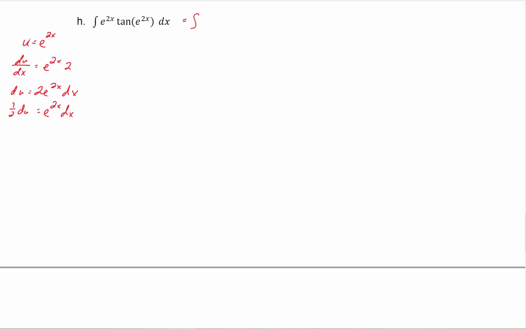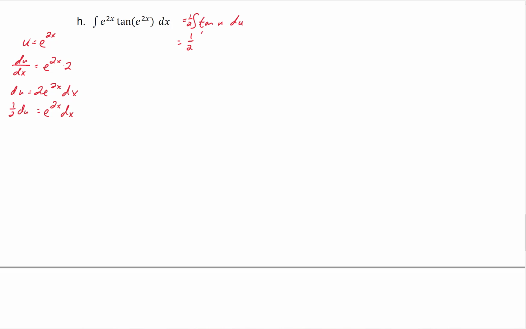So this becomes the integral of 1/2, and that 1/2, remember, can be inside or outside of the integral. So 1/2 integral of tangent u du. And now this is one of our formulas. If you forget the formula for tangent, you can always rewrite it as sine u over cosine u, and then use the logarithmic derivative to work it out using the u-sub there. But I recommend just memorizing the formulas. It's not that bad of a formula to memorize.